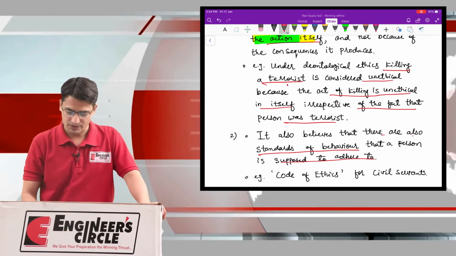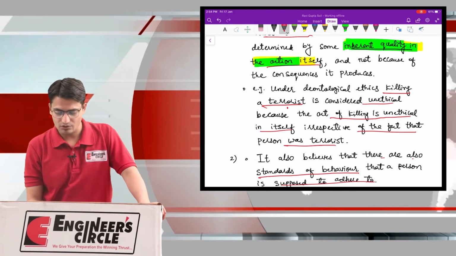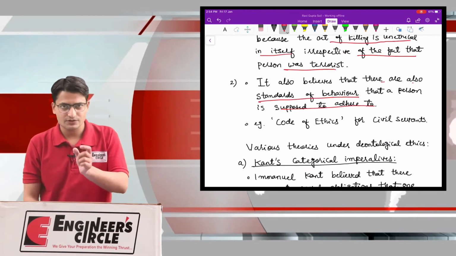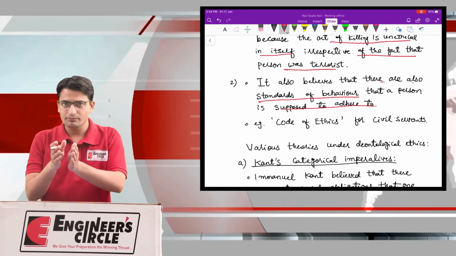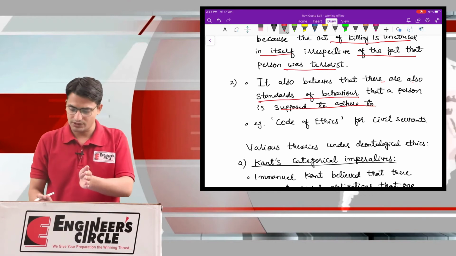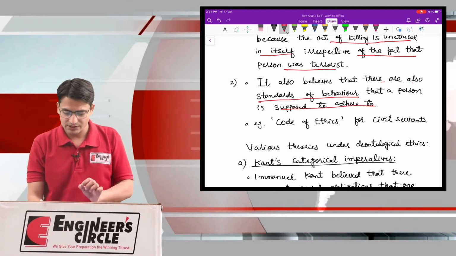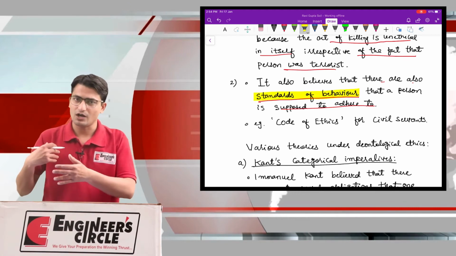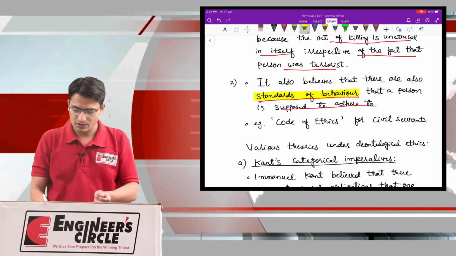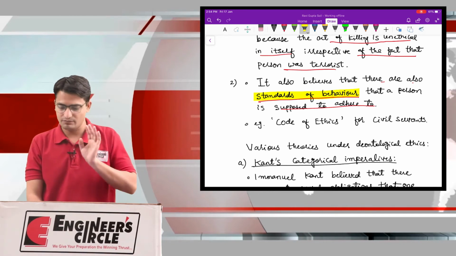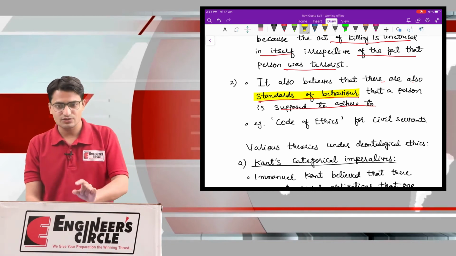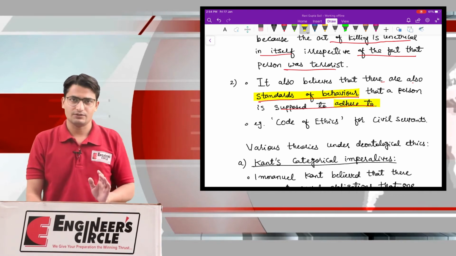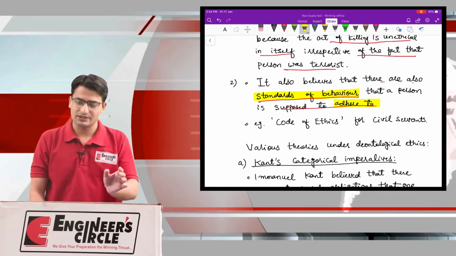It was initially focusing on the inherent quality of action, and the second is prescribing what those inherent qualities of the action are. Behavior implies how you act. So there should be some standards of behavior, and those standards must be adhered to for you to become an ethical person, or for your action to become ethical.